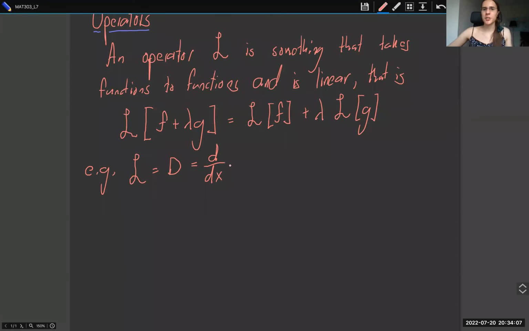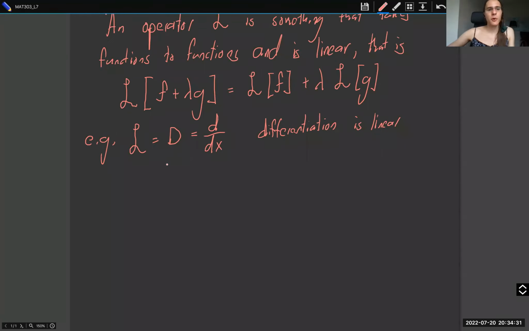Well, differentiation is linear, right? If you scale a function, then the derivative also gets scaled. And if you take the derivative of a sum, you get the sum of the derivatives. So differentiation is linear.